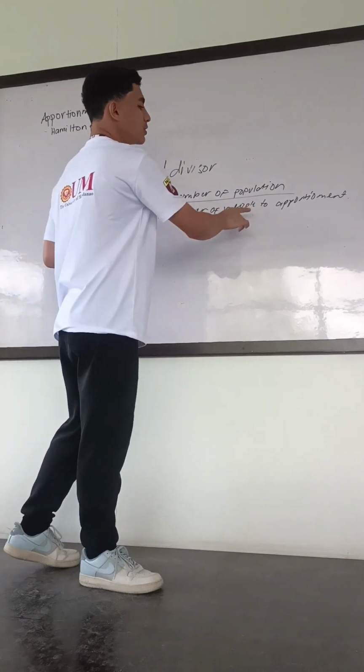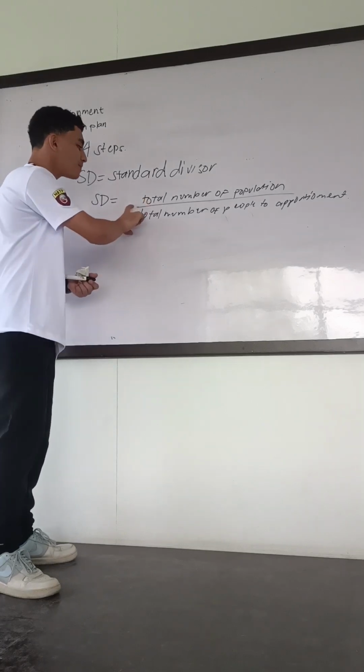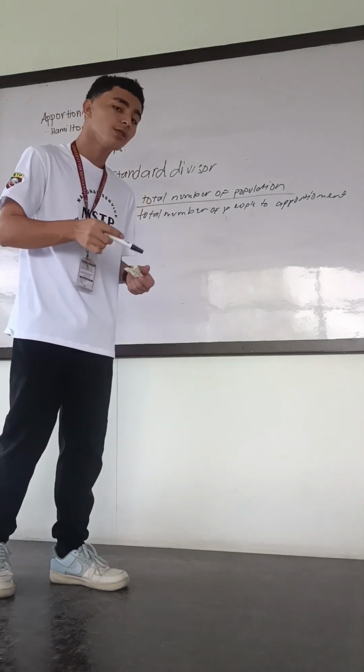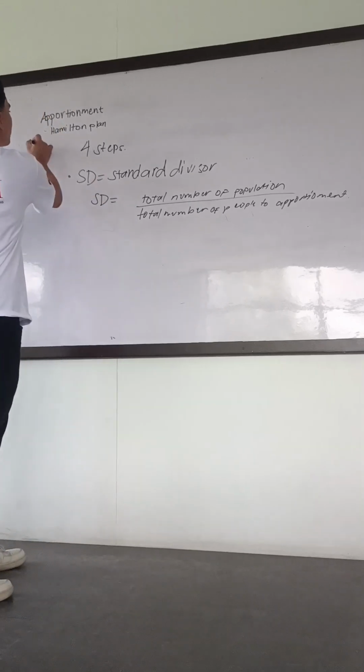So, the total number of population divided by the total number of people to apportion.